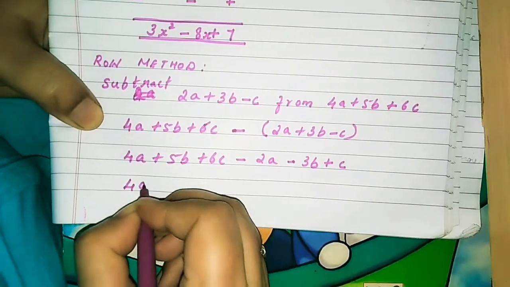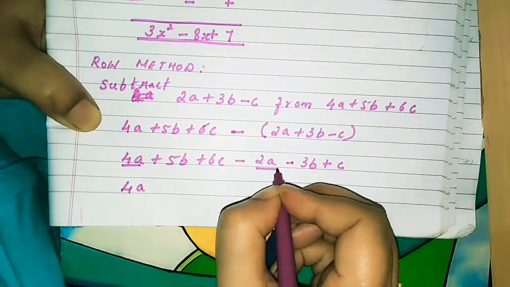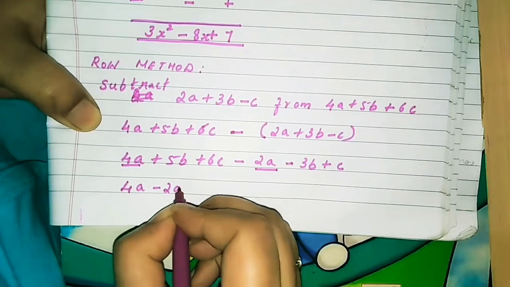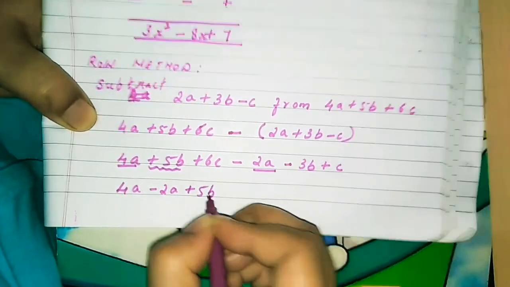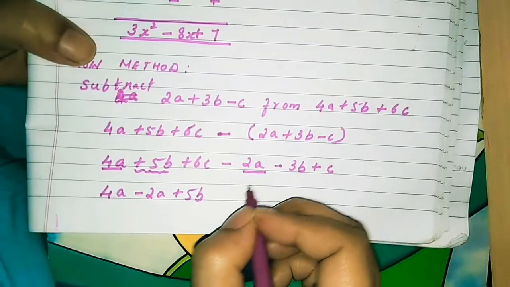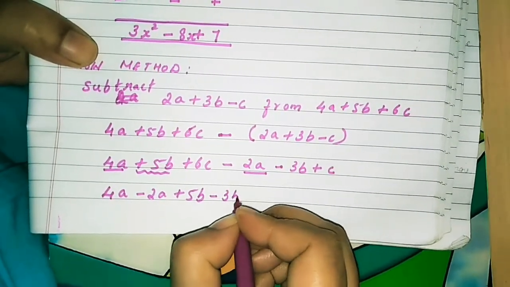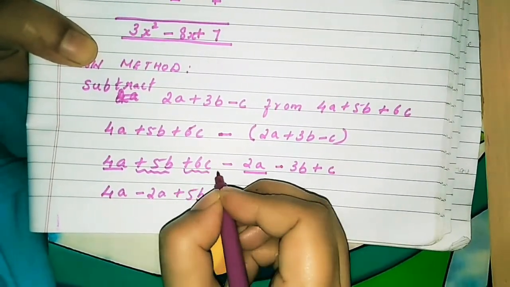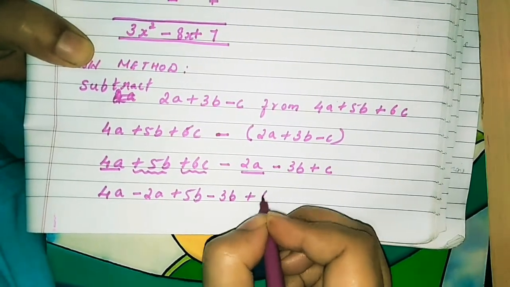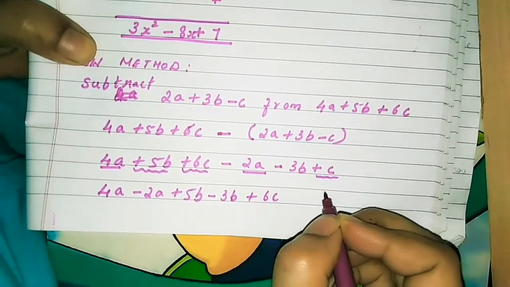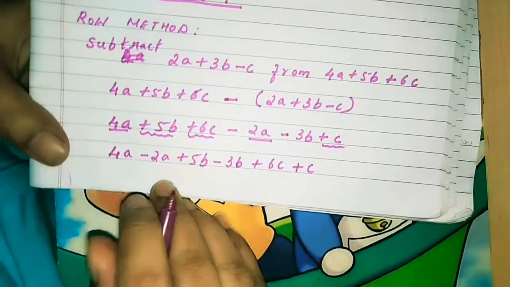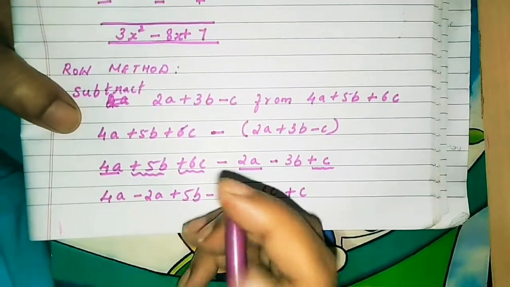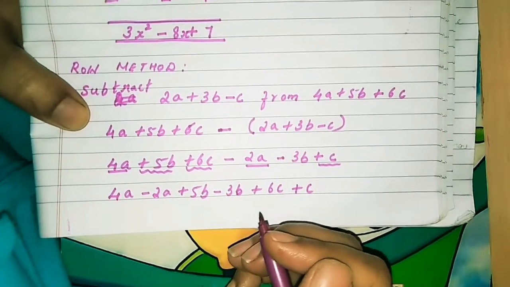So 4a has to be grouped along with 2a, so minus 2a. Plus 5b has to be grouped along with minus 3b, and plus 6c has to be grouped along with plus c.